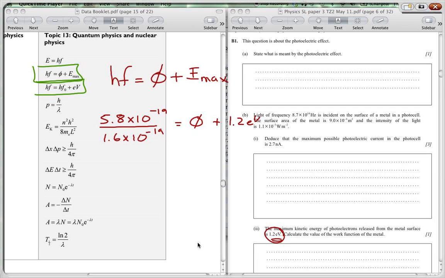We're going to get 5.8 divided by 1.6 minus 1.2, and your work function works out to be about 2.4 eV. If you had put this into joules, you would have 2.4 times 1.6 times 10 to the negative 19, and you'd get your answer in joules, and that will equal your work function.